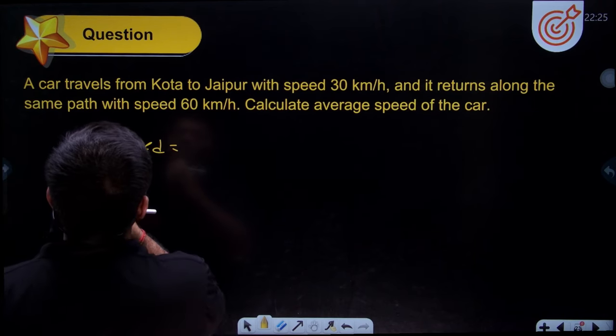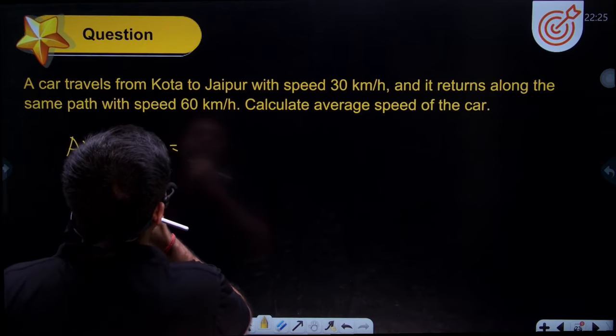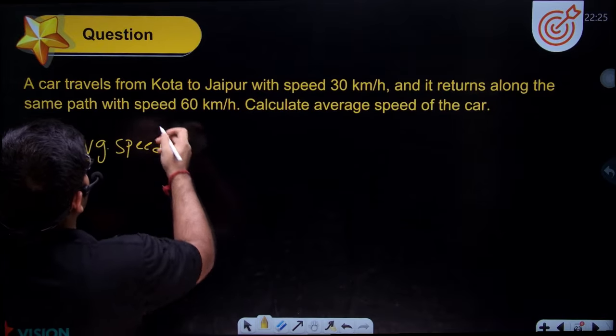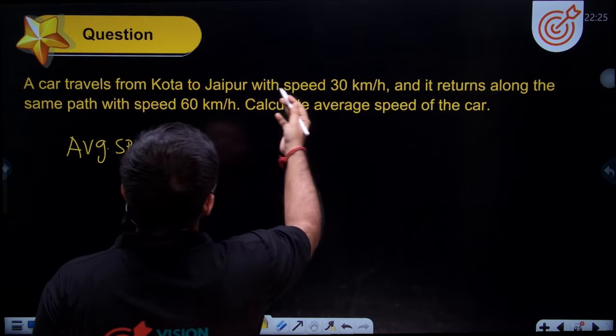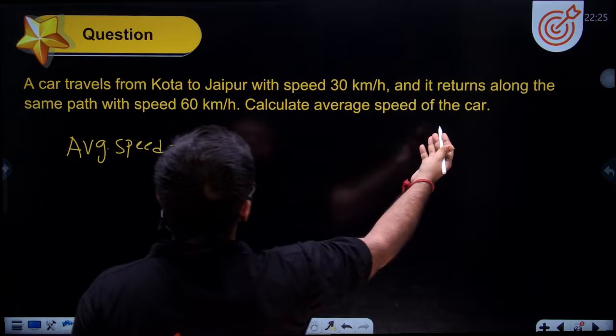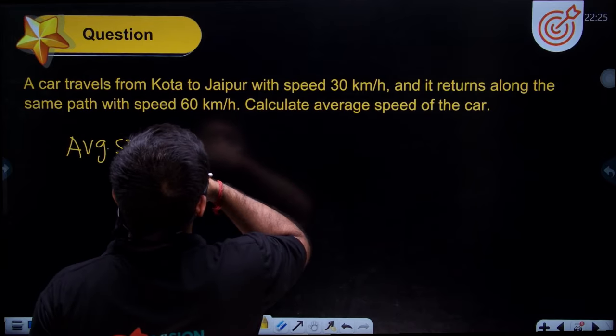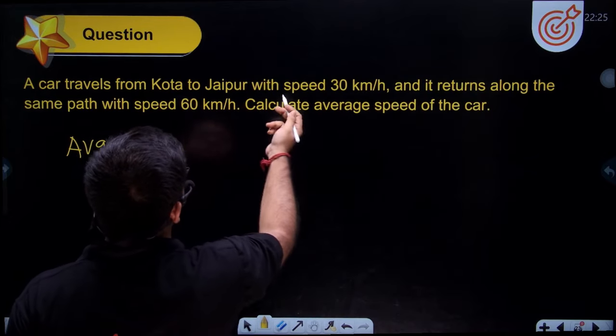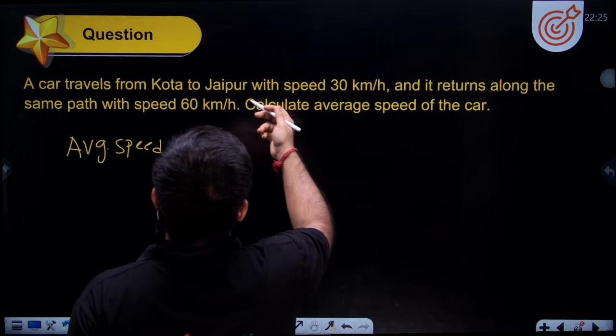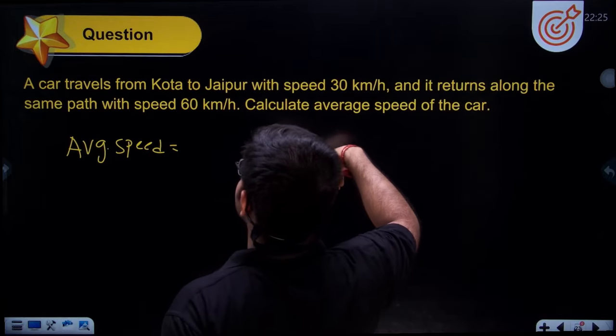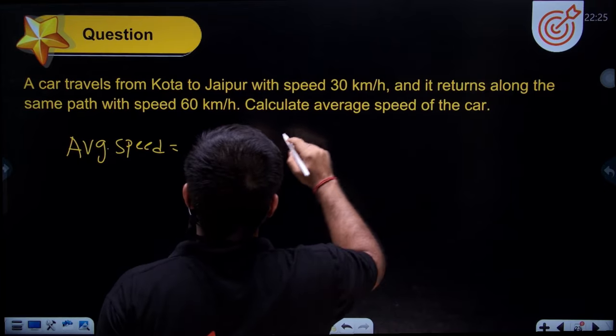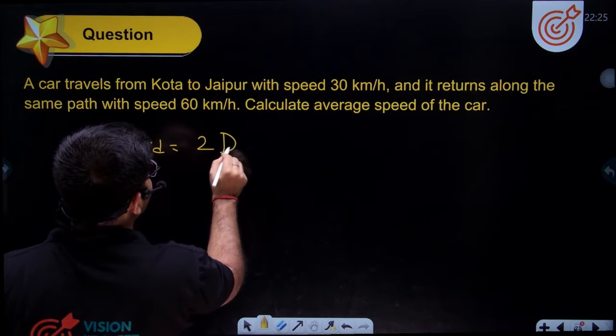So what is the total distance that it has covered? Suppose I don't know the total distance because it is not given here. So let us suppose that from Kota to Jaipur it is D. And it has also returned along the same path, so the total distance is basically 2D.